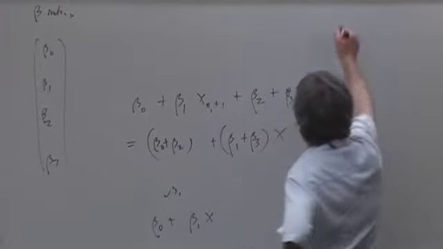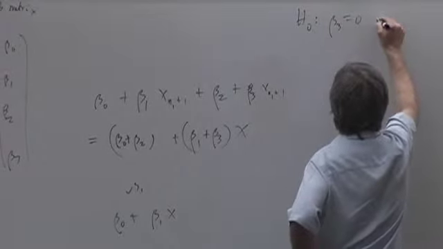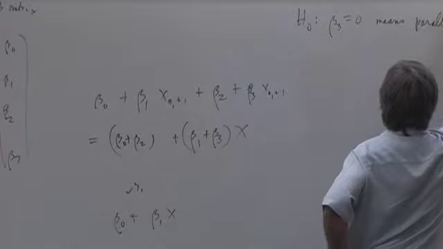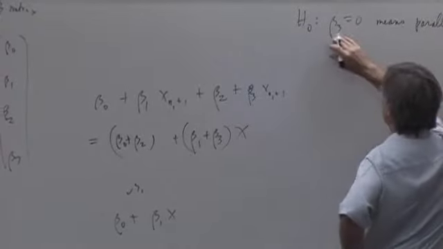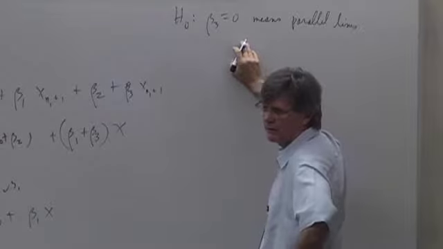So H naught, beta 3 equal to 0, means parallel lines are holding. This is the submodel of the reduced model where parallel lines are holding.